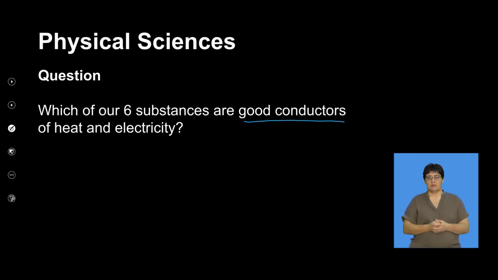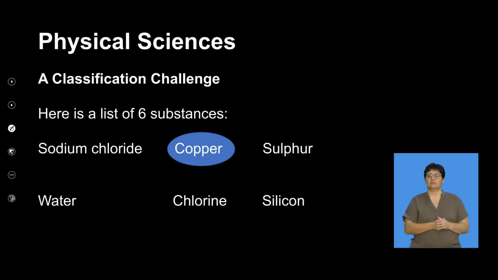Of the 6 substances, we know that copper as a metal, actually most metals, are good thermal and electrical conductors. So copper is a good conductor of heat as well as electricity. From the list, we can identify that copper has that physical property, right?